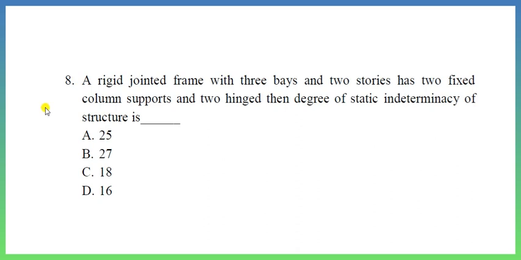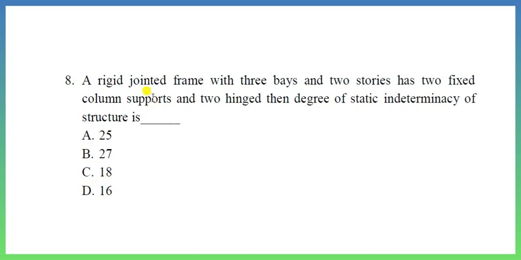So next question. A rigid jointed frame with 3 bays and 2 stories has 2 fixed column supports and 2 hinge supports, then degree of static indeterminacy of structure is option A 25, B 27, C 18, and option D 16.